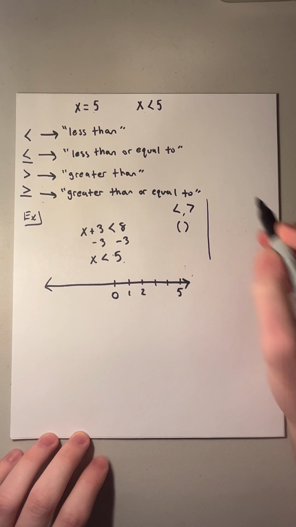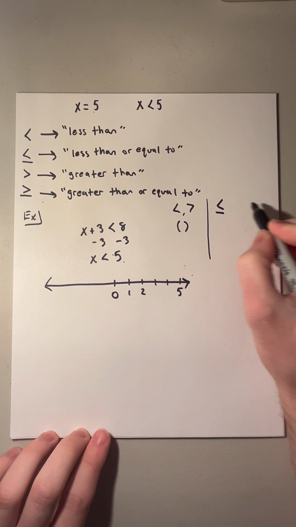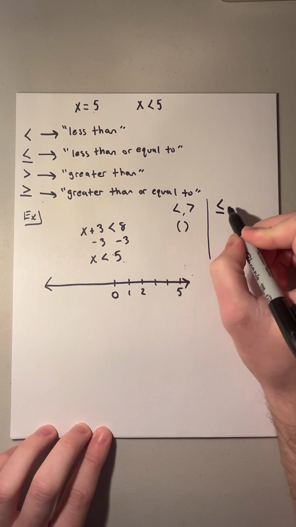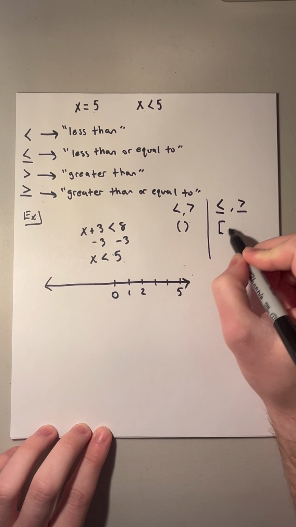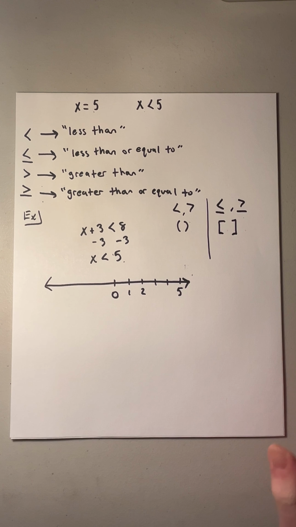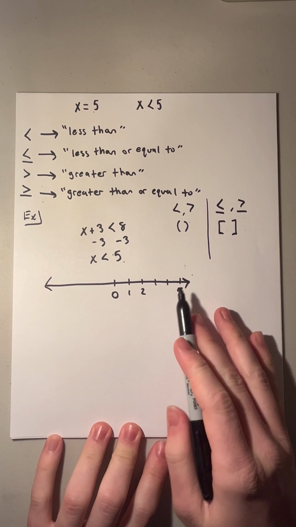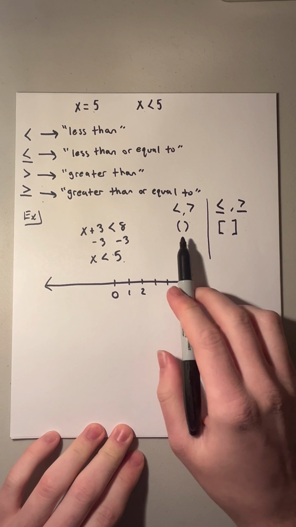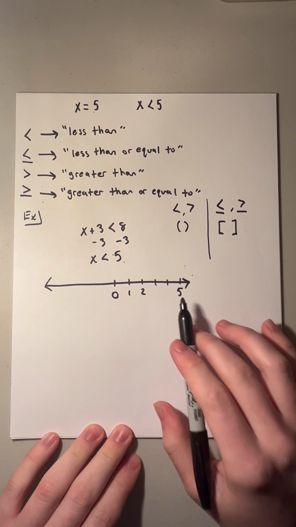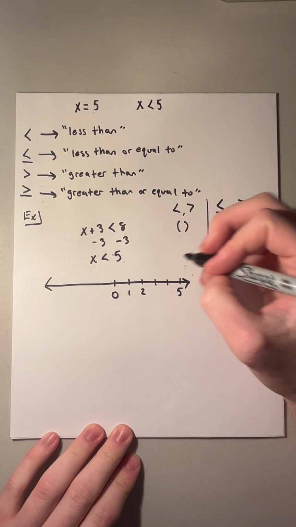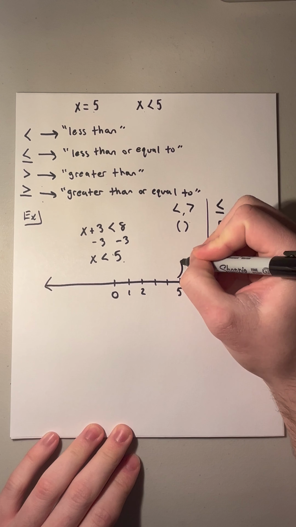When you're using less than or greater than, you're going to use parentheses. And over here, less than or equal to, or greater than or equal to, brackets. That'll come into play here and then in another example. Whenever you're answering this graphically, you'll have to use these rules. Since we have x is less than 5, let's find where 5 is on our number line, and we want to write a parenthesis here.